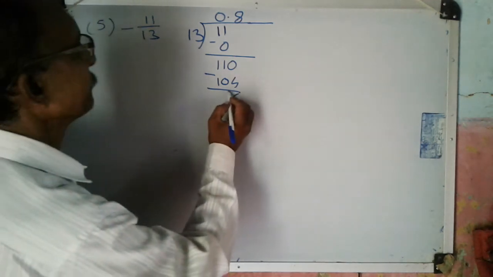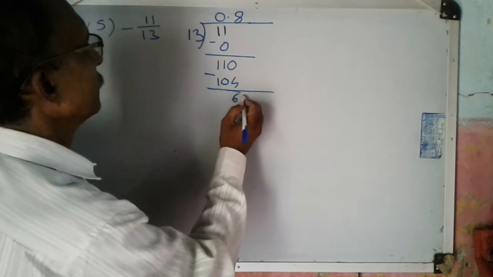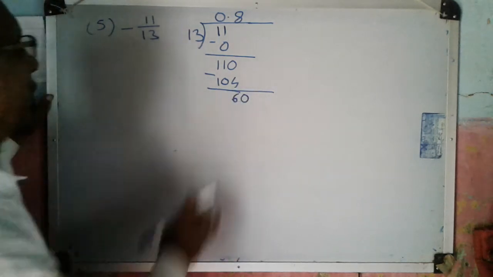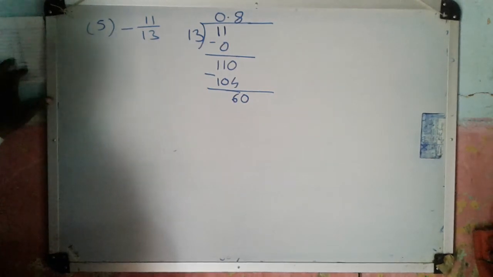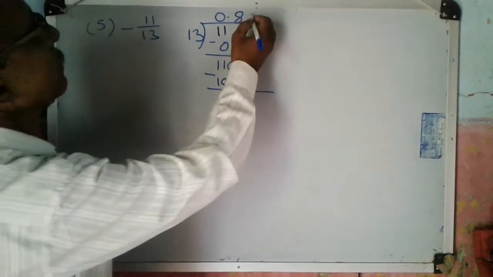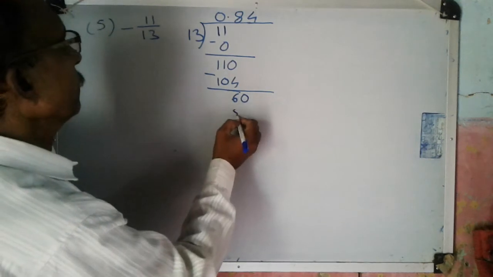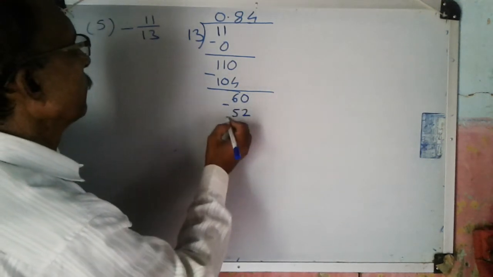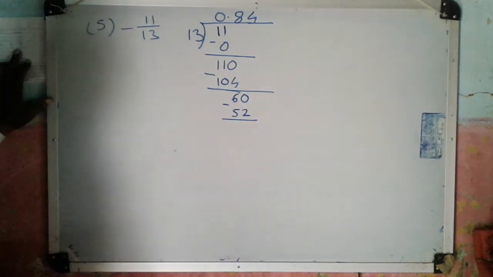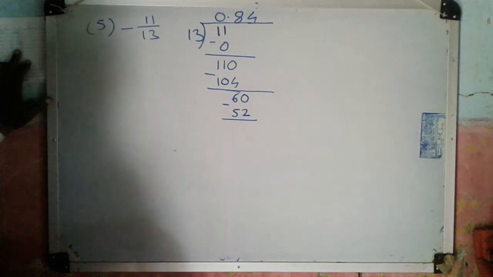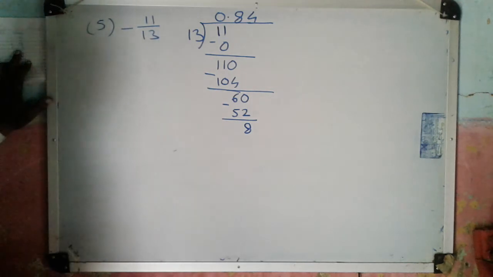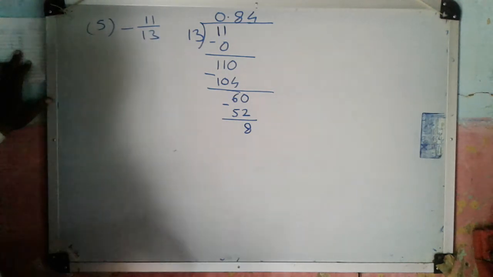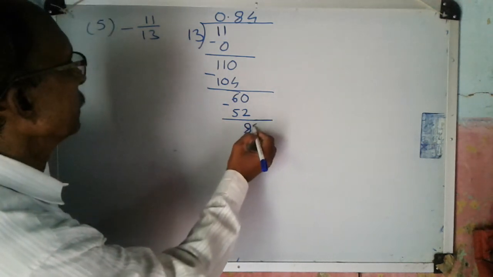Again, add 0 after 6. We get here 60. Divide 60 by 13. Here we get 13 4s are 52. So here the remainder is 8. 60 minus 52. Again write 0 after 8.